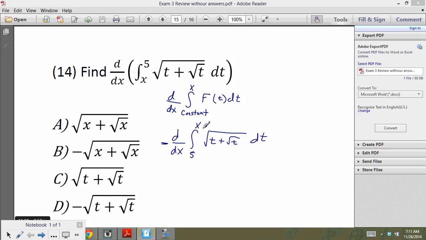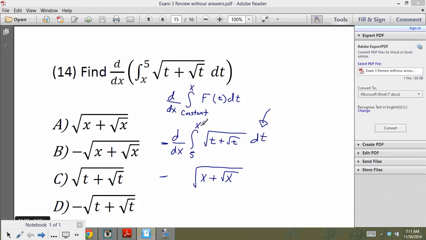Now, the second fundamental theorem of the calculus says all I have to do is replace the t by the upper bound. So that's going to become, and of course we do have a negative out in front, it's going to become an x plus rad x, right? Underneath that radical sign. Well, don't forget, you got to have the dt, right? You got to have the rate of change of t.